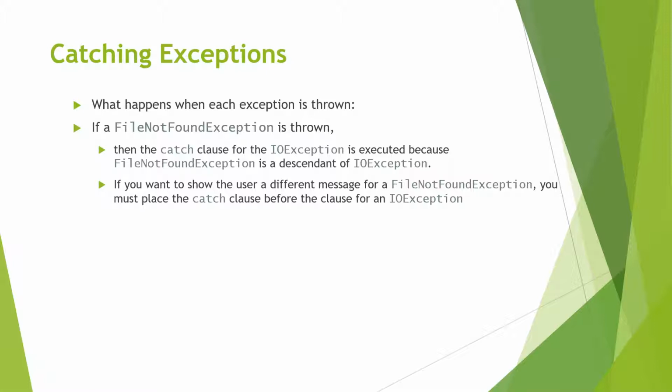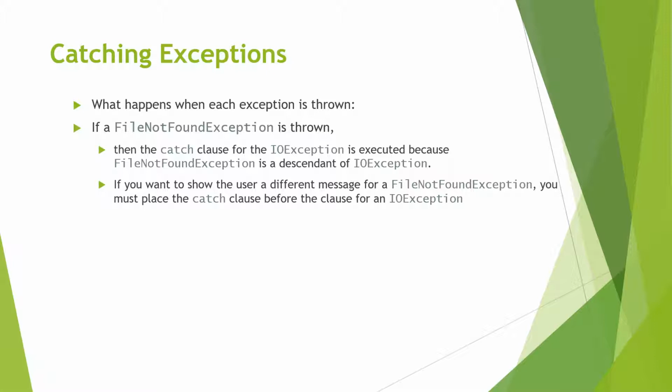In the hierarchy chart that we saw a few slides back, we saw that file not found exception is a subclass of IO exception. Therefore, if a file not found exception is thrown, IO exception will catch it.